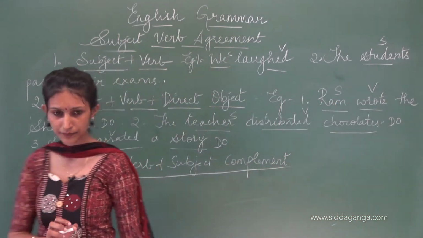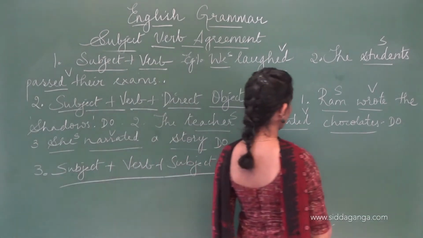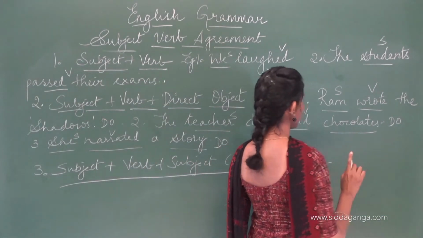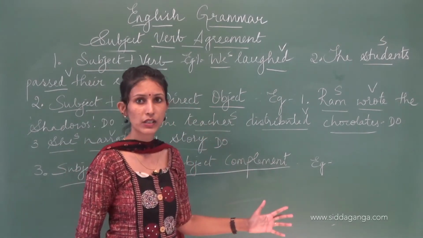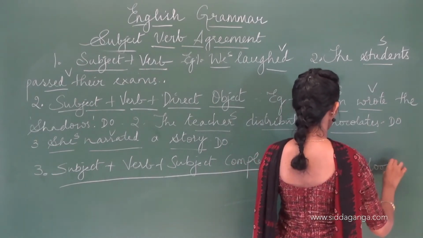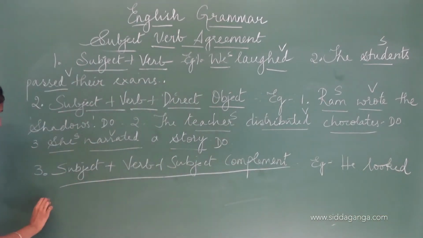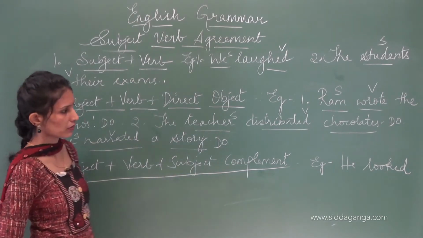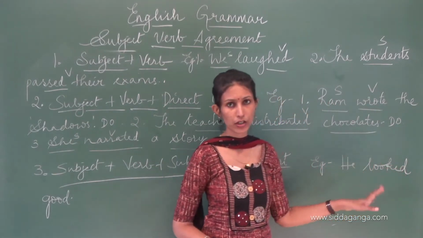Now, here we'll see an example. If you're following what I'm writing, you will get it. Otherwise, if you see it at once, it will look like a mixture for you. Here, the first example is, he looked good. Now here again is a mistake some of you make, not all.